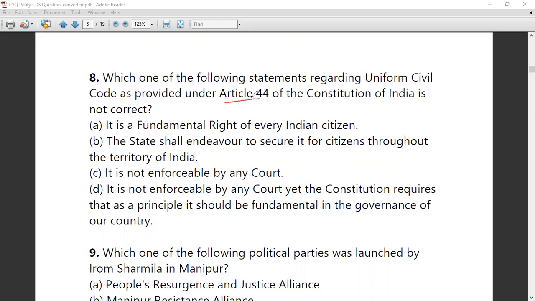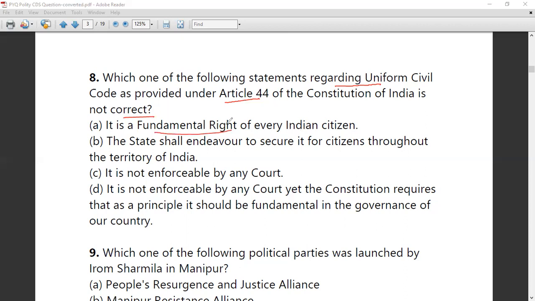Article 44 is in Part 4 of the Indian Constitution and comes under the DPSP. So let's go to the question. Which one of the following statements regarding Uniform Civil Code as provided under Article 44 is not correct? First: it is a fundamental right of every citizen. No, it is not a fundamental right. It is a DPSP.